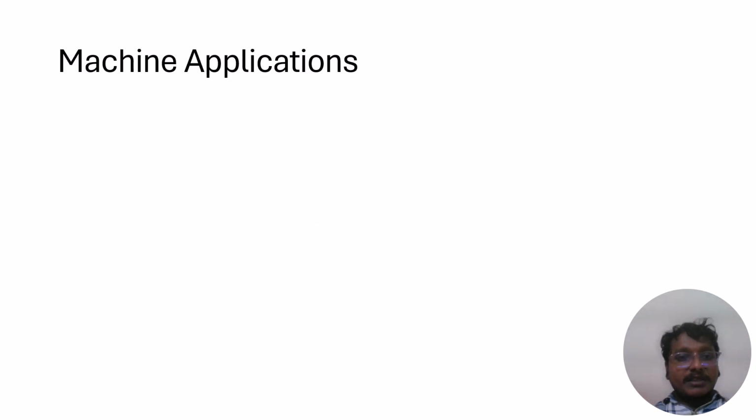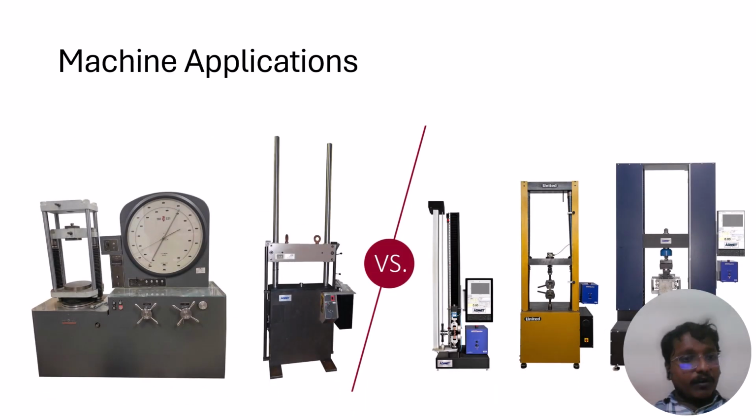When it comes to machine applications, simple examples are, as we already know, very old things like weighing machines. They don't have any control. Whatever weight we put, it will show.